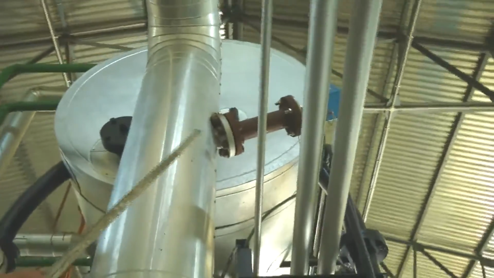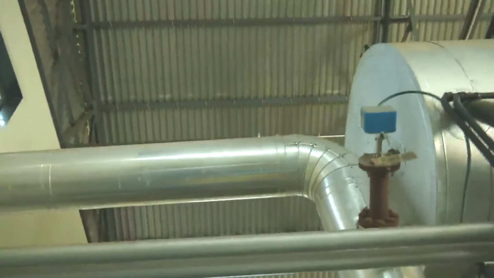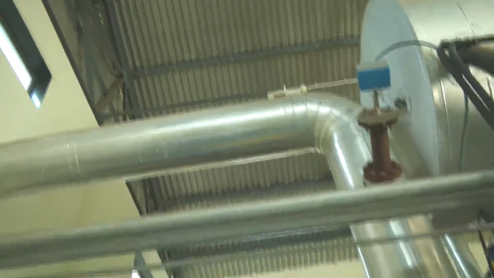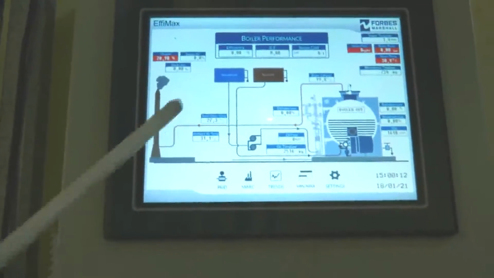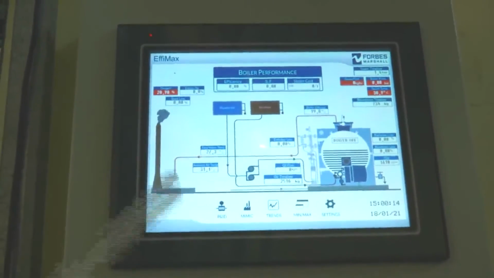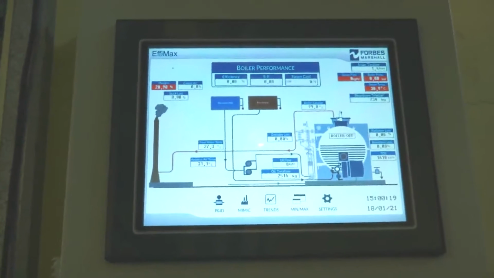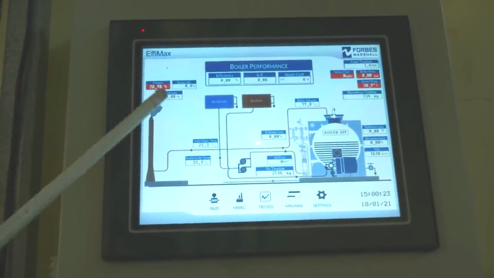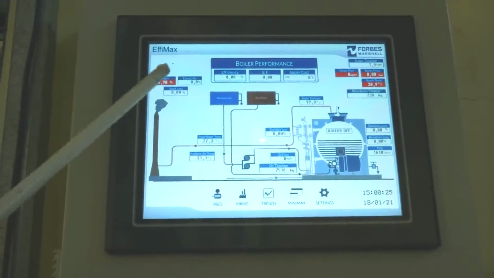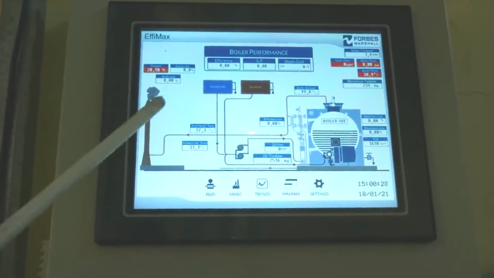As we can see here, there is an oxygen sensor. This oxygen sensor measures the excess oxygen in the exhaust. This is the digital panel which gives us digital readings. It gives us five main readings, like excess oxygen percentage, which is 20.9 now.